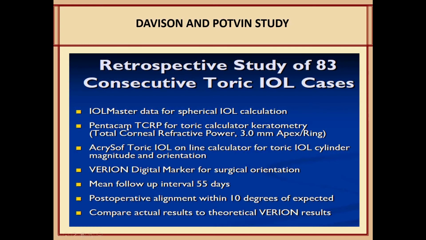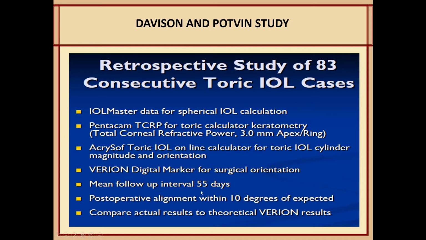They took the Pentacam total corneal refractive power at the 3mm apex and from the ring, and used the Acrisoft toric IOL online calculator for toric IOL cylinder magnitude, like we all do probably. And they compared it to the Varian digital marker for surgery at the time of the surgery.